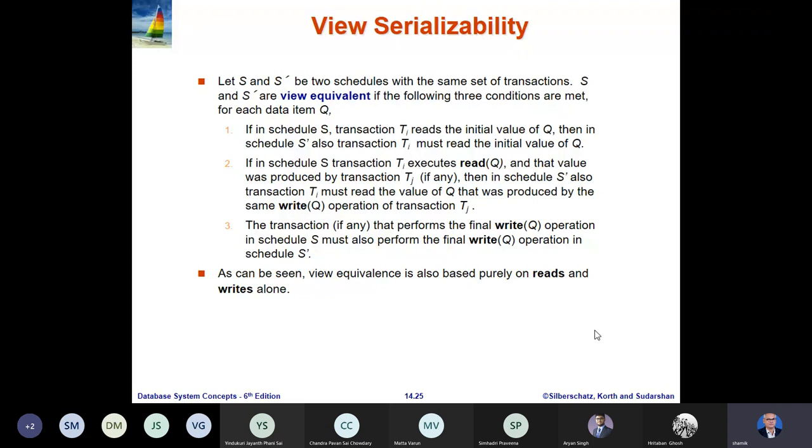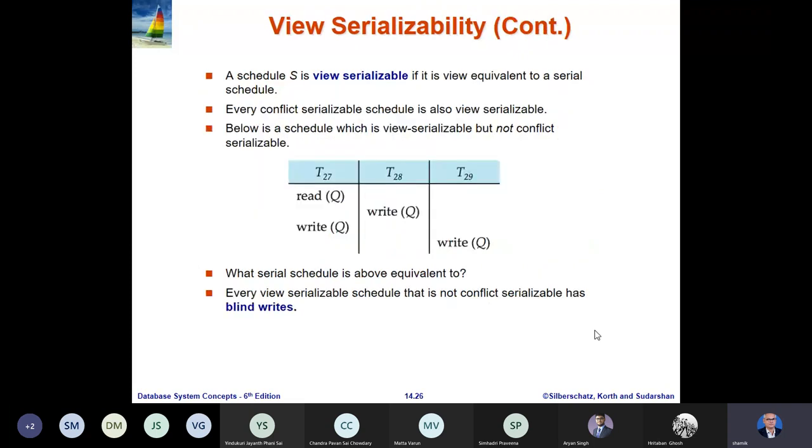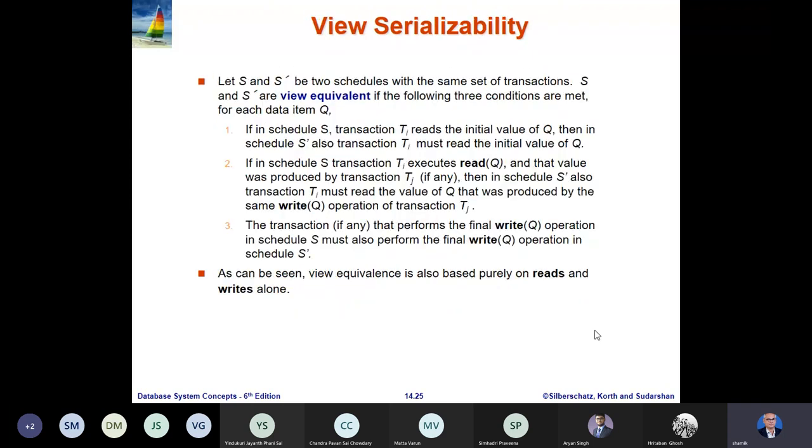So if you look at this example, there is a read Q, and which value of Q is T27 reading? It is the original value of Q. Okay. Now if I consider the serial schedule T27, T28, T29, in this schedule S prime, T27's read Q will be the first operation, and it will read the original value of Q, which is also done in this, let us call this S. Read Q of T27 is reading the original value of Q. So point number 1 is satisfied.